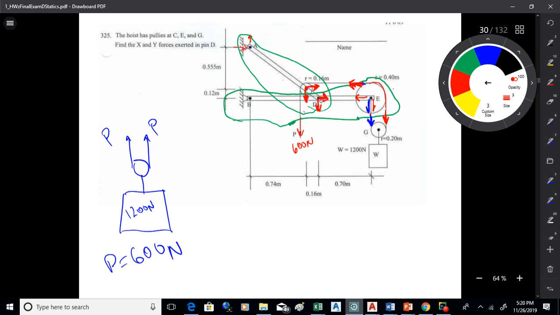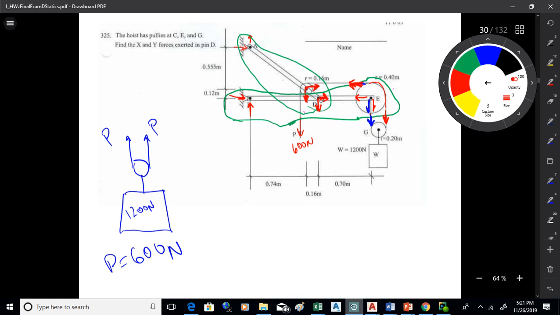Now I'll go ahead and draw my free body diagram around that horizontal member. I'll have these reactions at B, and I'll also have reactions at D, which will go in the opposite directions from the ones that I've drawn, caused by the pin at D. Now the pulley on the angled member, I think it's ACD, I don't have to consider because that's not really part of this free body diagram.